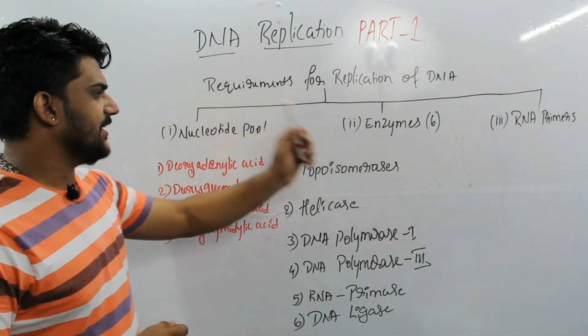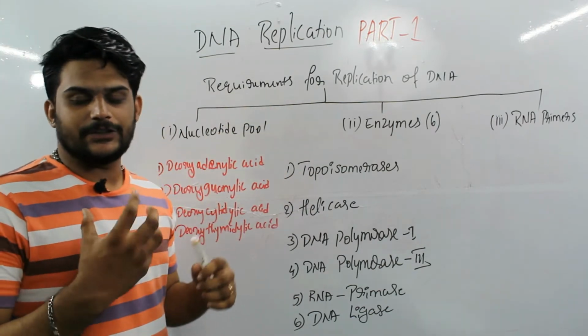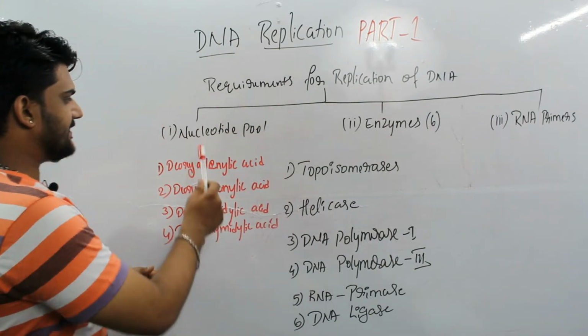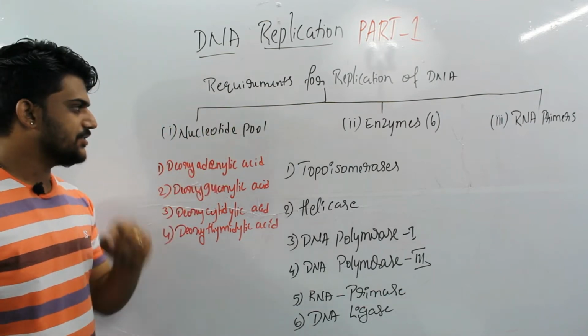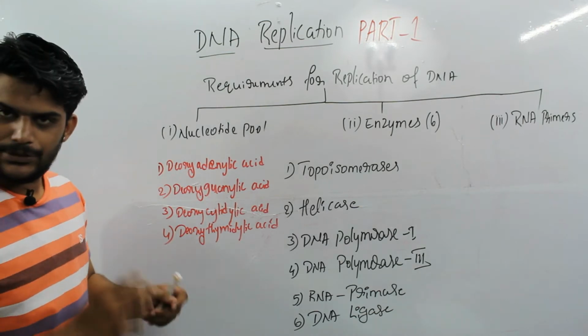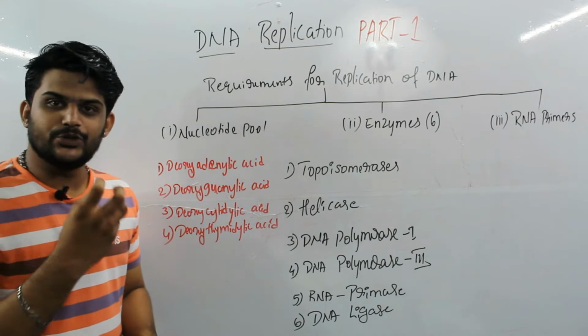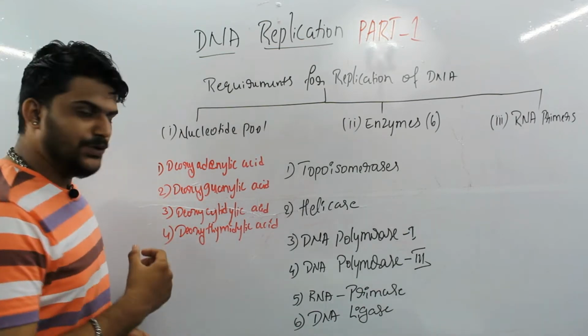So these are the three important requirements of the cell for the DNA replication. The first thing, as you can see here, is the nucleotide pool. So what is a nucleotide pool? Is it a swimming pool? No. It is a group of nucleotides. So what are those nucleotides?